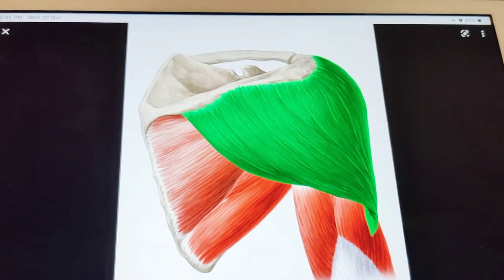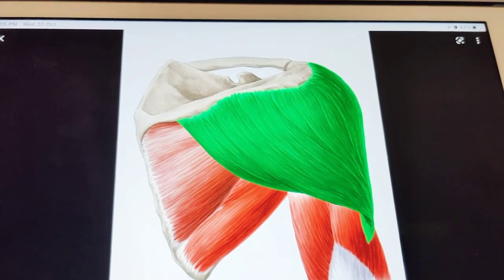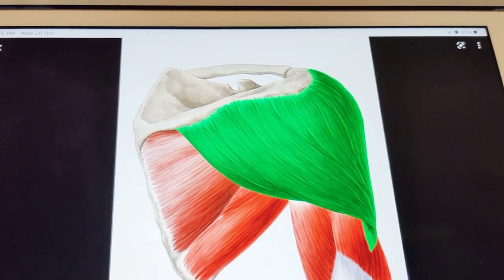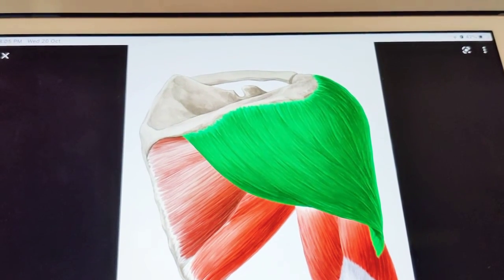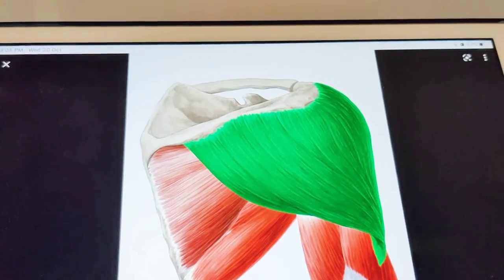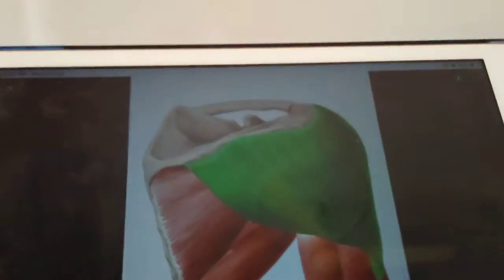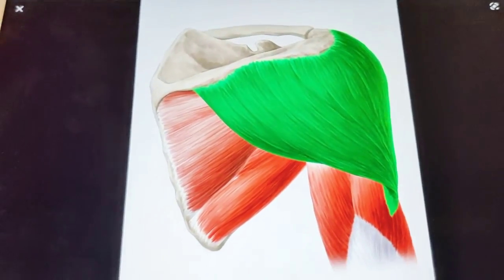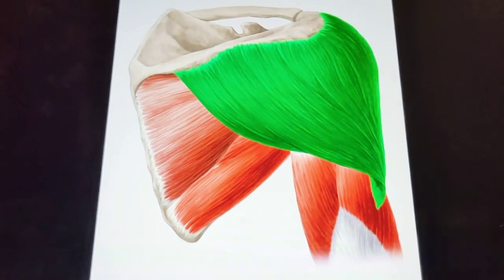A multipinnate arrangement allows a large number of muscle fibers to be packed into a relatively small volume. The strength of the contraction of a muscle is proportional to the number of muscle fibers. That is, if there are more muscle fibers, there is more strength.